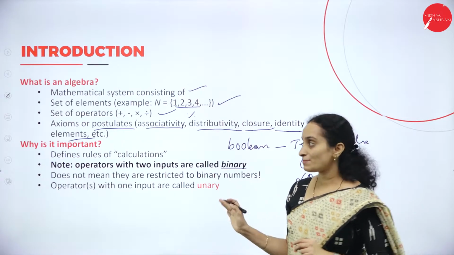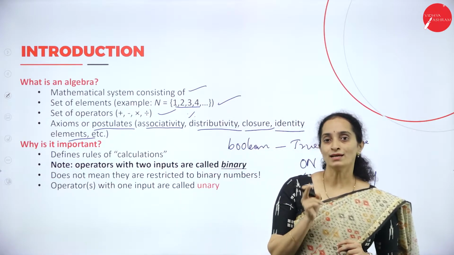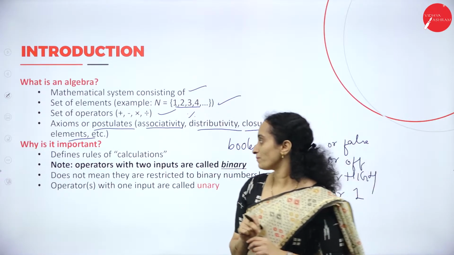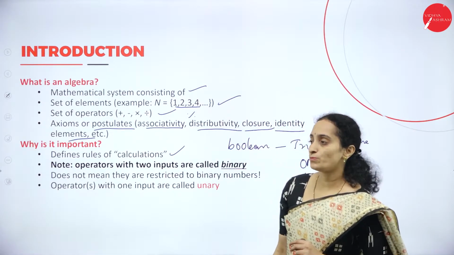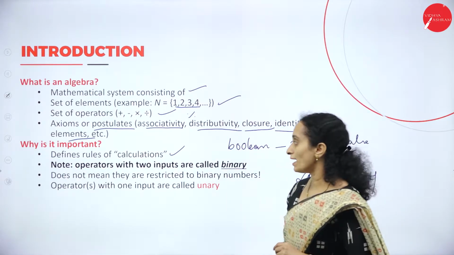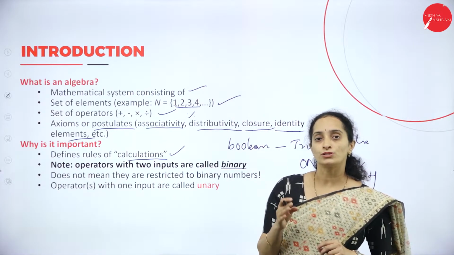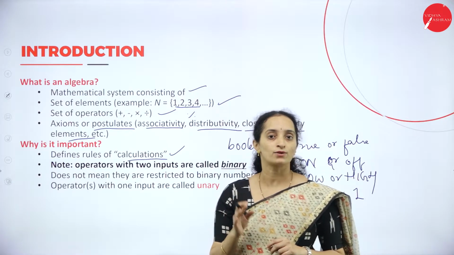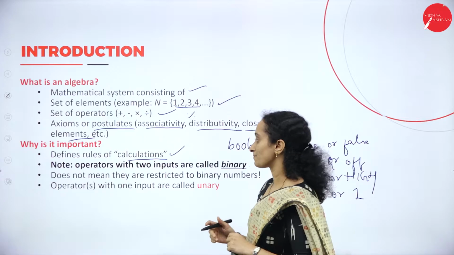Okay, algebra which uses these two values is called Boolean algebra. What is the necessity of Boolean algebra? Algebra defines the rules of calculation, how you are going to calculate the values or the different operations or expressions.